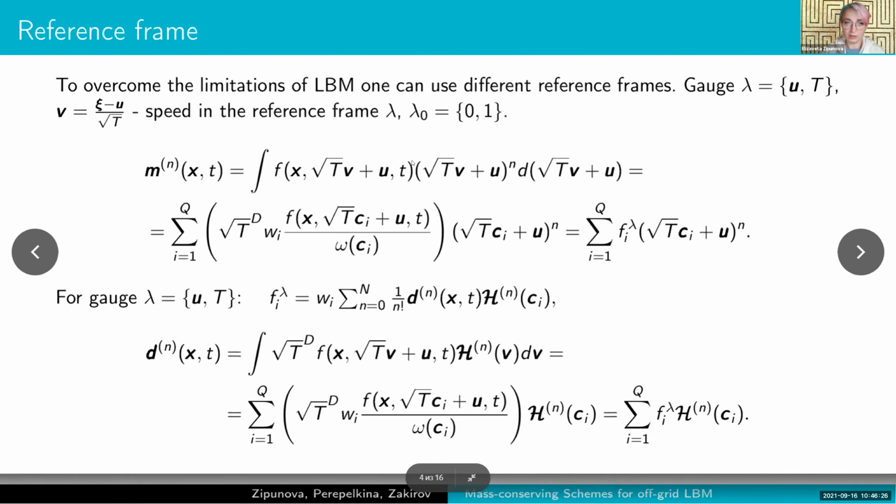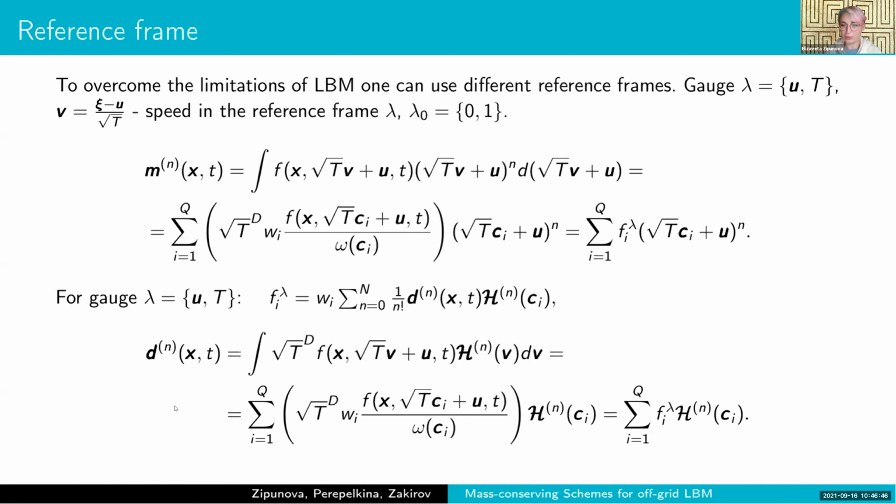In it, we can calculate raw moments as shown on the slide, and also there are Hermite moments. The distribution function can be approximated using a Hermite expansion in a moving reference frame, which is associated with the gauge.